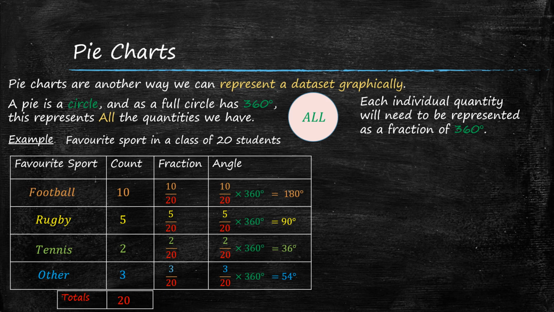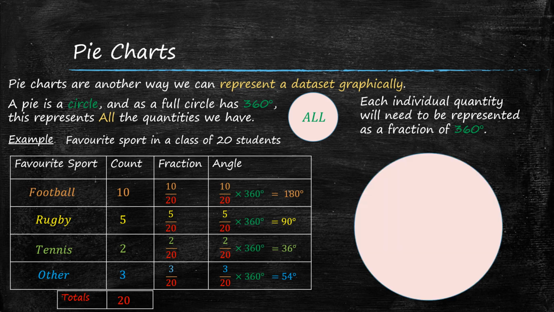So we've taken our counts, we represented those counts as fractions, and using those fractions we've worked out the slice of the pie for each of the 4 sports. Football is going to get half of the pie, 180 degrees. Rugby is going to get 90 degrees, or a quarter of the pie. Tennis is going to get 36 degrees, and other is going to get 54 degrees.